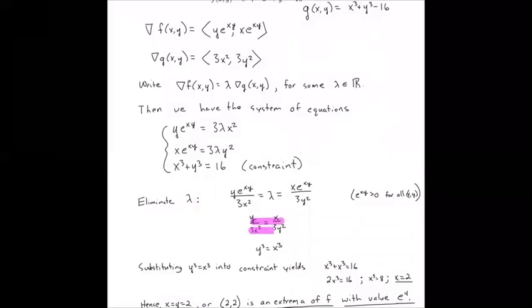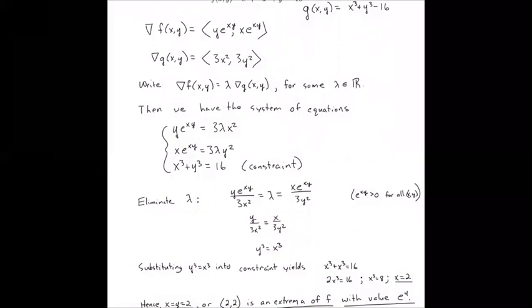So we end up with this result, dividing by e to the xy, because the exponential e to the xy is never 0, so it's safe to divide by on both sides. And then solving for this by cross multiplication, we've got y cubed equals x cubed. Take the cube root of both sides.